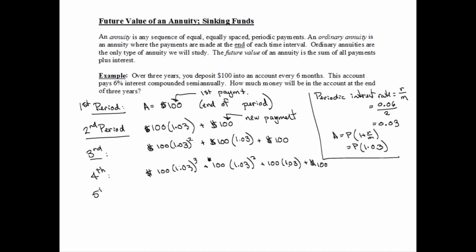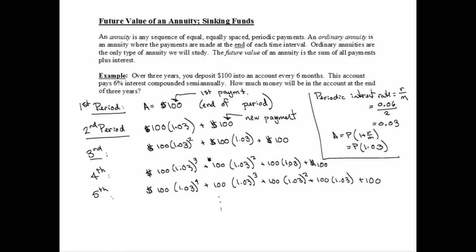Let's do just one more. I think you're starting to see the pattern. Each of these gets multiplied by 1.03, so the power goes up each time. And then we tack on our payment, which has not yet had a chance to earn interest.